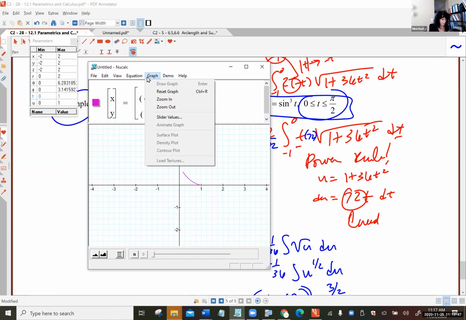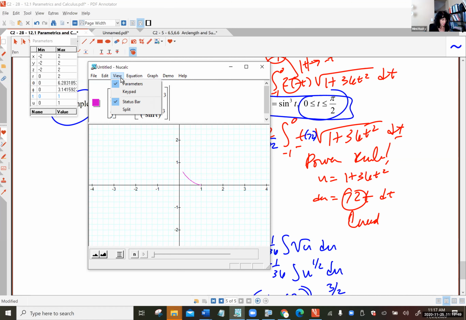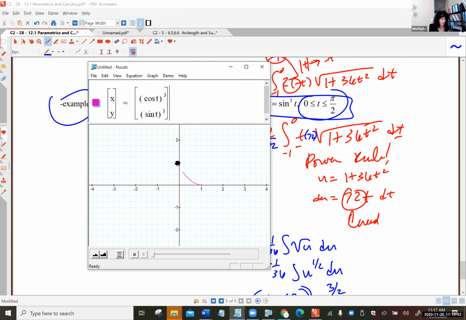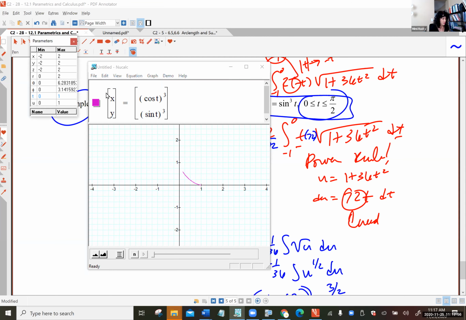Let's see what my parameters are. Oh, here we go. So I want my x to be, okay, let's just do this. Sorry. It gets a little grouchy. Let's see if it'll work now.